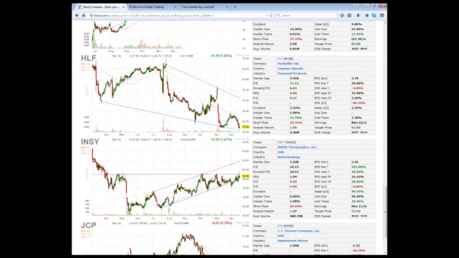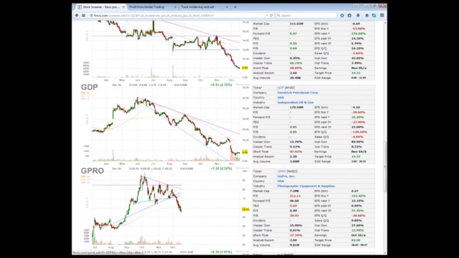Now we don't have a ton of time left, just a little bit under 10 minutes, so I'll be taking some questions here, and we can bring up stocks here in a moment that people might be interested in. But this is, as you can see, a very good tool for starting to build out ideas.